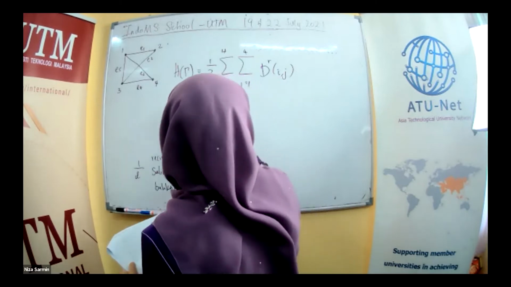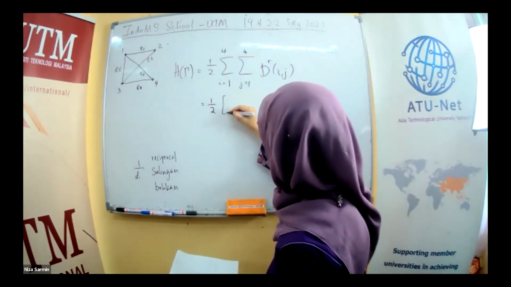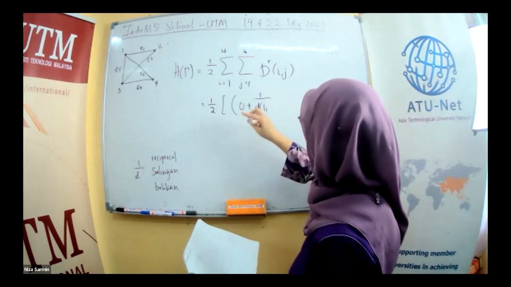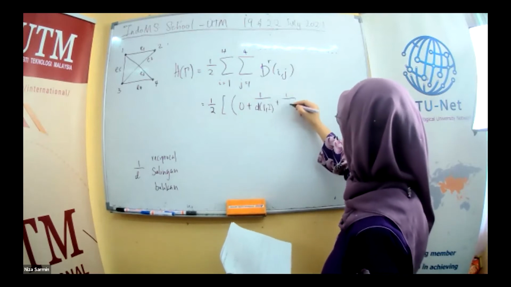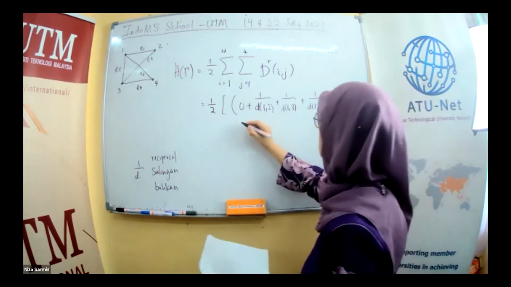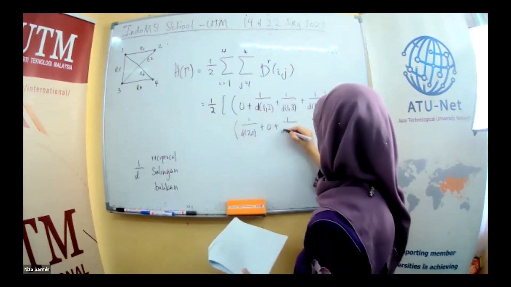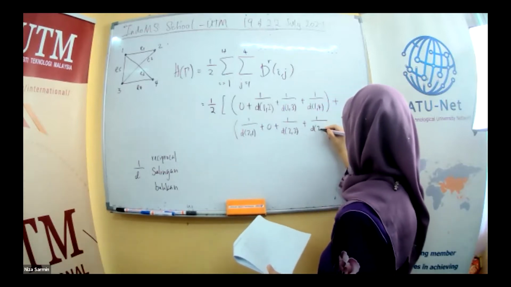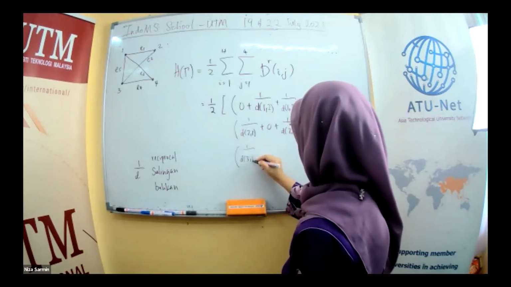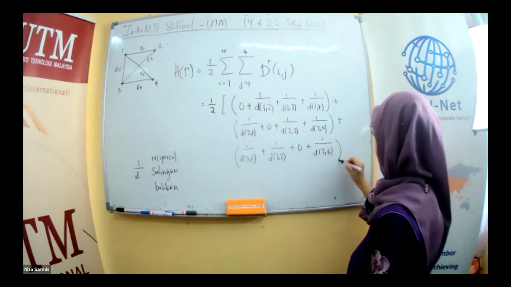If you want to write it out, the first one will be 0 plus 1 over d of 1,2, 1 over d of 1,3, 1 over d of 1,4, plus 1 over d of 2,1, then 0, and 2,3, then continue with 3,1, 3,2, 0, and 3,4, and then the last, 4.